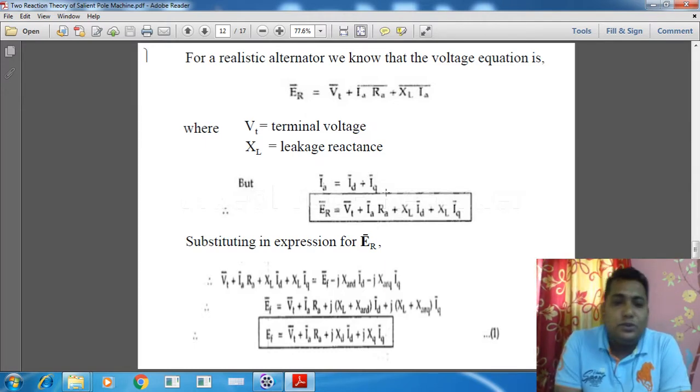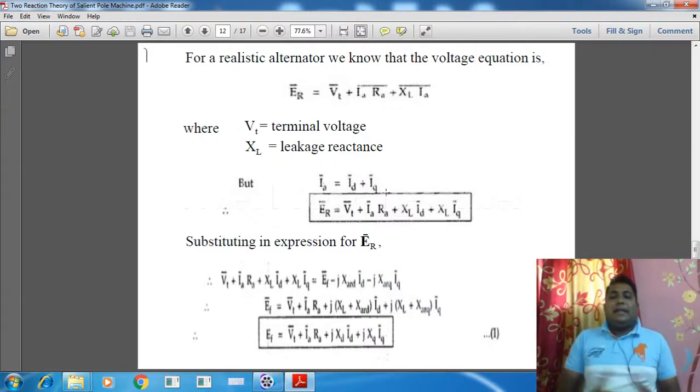Now substituting the expression for Er in this equation, what will we get? We will get Vt plus Ia Ra plus j XL Id plus j XL Iq is equal to Ef minus j Xard Id minus j Xarq Iq. So Ef is equal to Vt plus Ia Ra plus, just simplifying the equation, taking the real part on one side and the complex part on the other side.